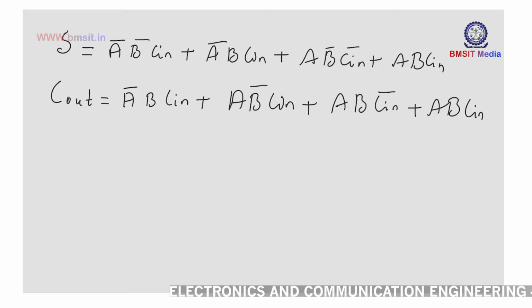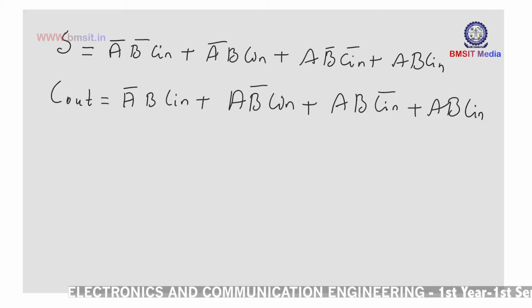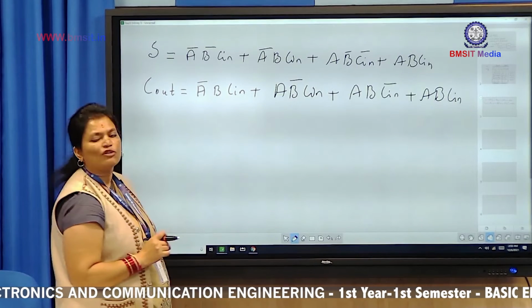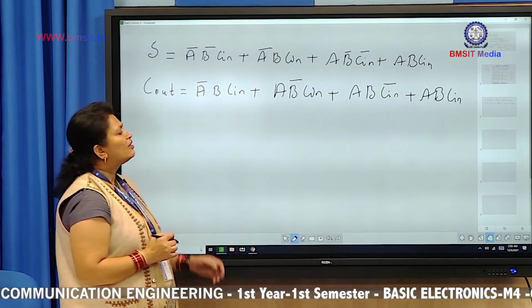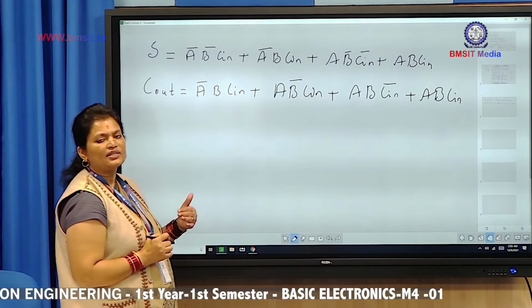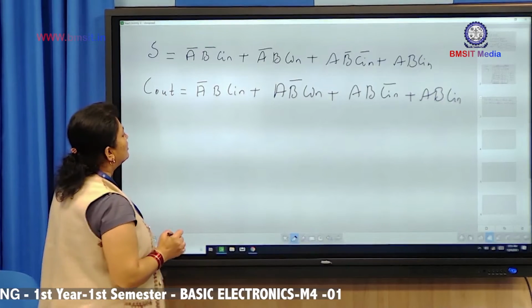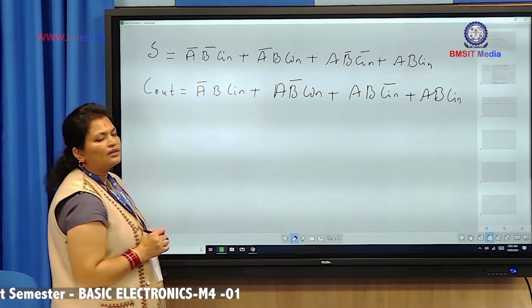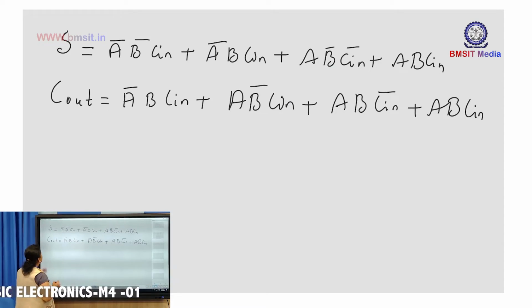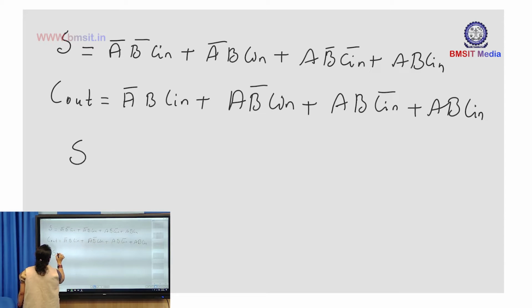Now if it is possible to implement with these expressions, you can directly go for the implementation. Otherwise, if you are able to reduce the expression, you can simplify it and use. Now I think we can reduce the expression. Let us see the reduction. First, I will consider the sum expression and see how you can simplify it.